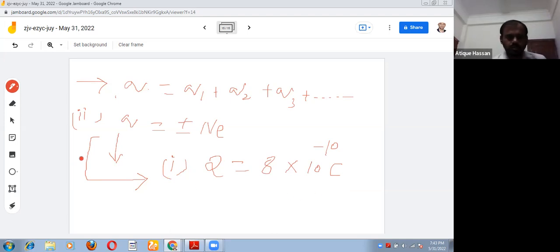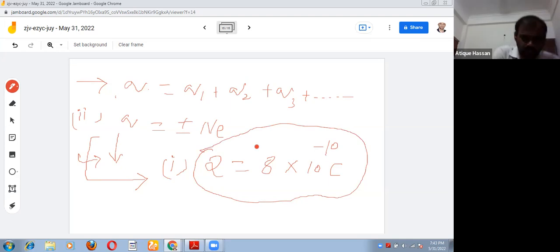This is based on quantization of charge. Using the property of quantization of charge, you have to tell whether such a charge is possible on an object or not. Understood my question?